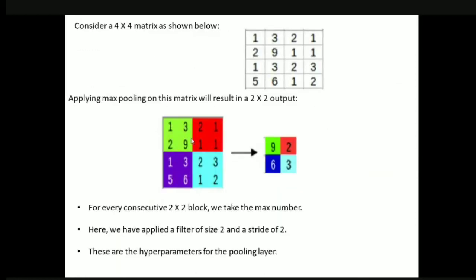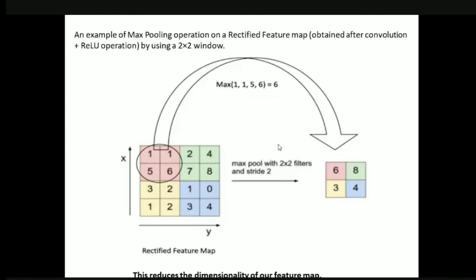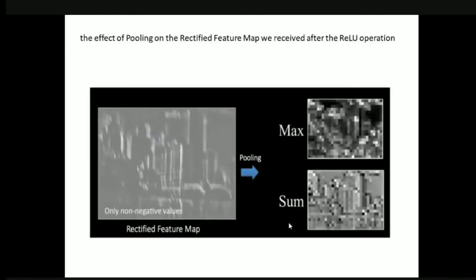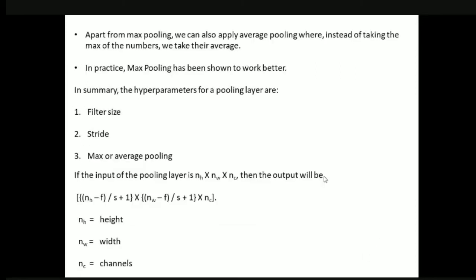In max pooling we have taken the maximum value, and in sum pooling we will be taking the sum of all these pixel values. That is 1 plus 3 plus 2 plus 9. That final value will be given. So like that we will be performing the sum pooling, and for average pooling we will be taking the average value of all the pixels. So this is how pooling will be performed. But when compared to average pooling and sum pooling, max pooling has been shown to work better.